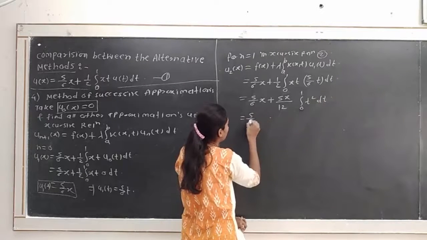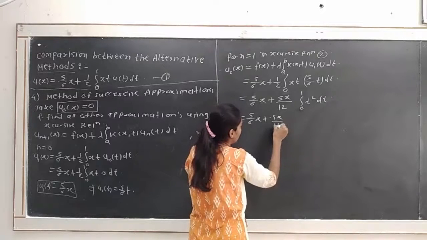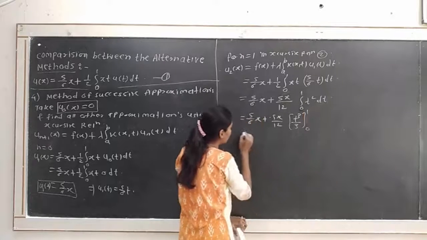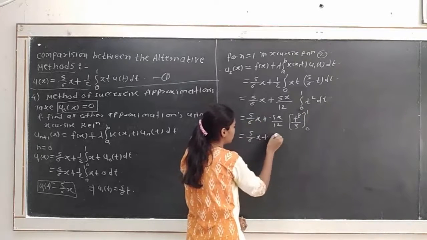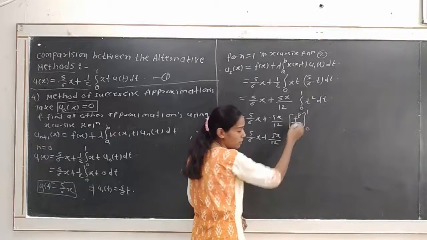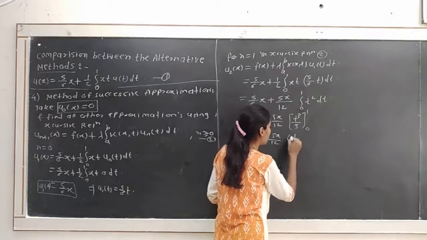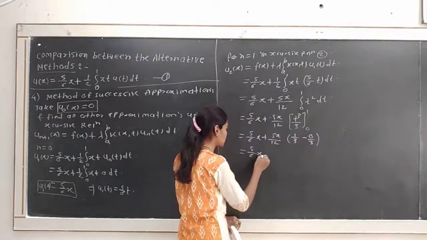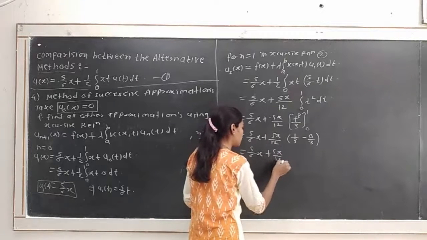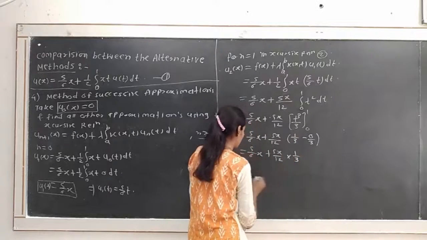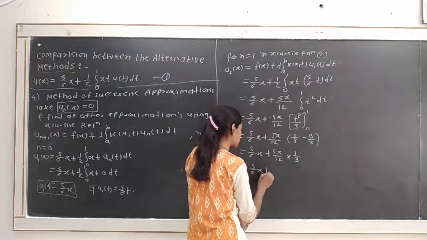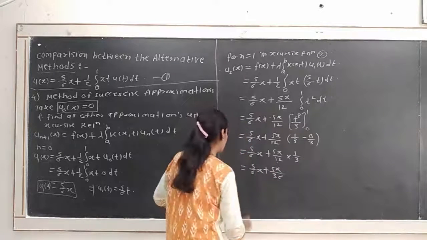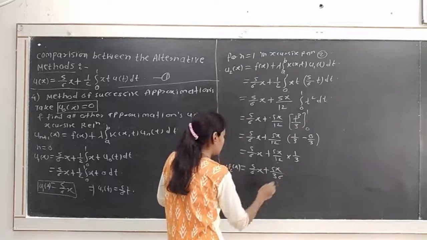So we get 5 divided by 6 into x plus 5x divided by 12 times the integration of t square, which is t cube divided by 3, with limits from 0 to 1. Putting in the limits gives 1 divided by 3 minus 0 divided by 3. So we get 5 divided by 6 into x plus 5x divided by 12 into 1 divided by 3, and 12 times 3 is 36.